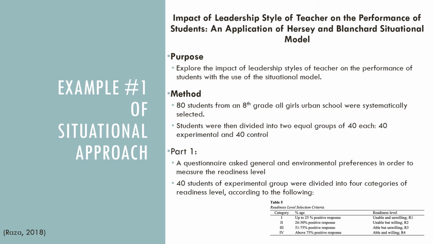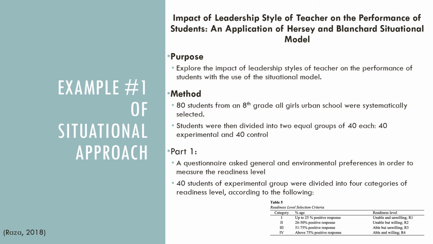From these results, there were four categories. If up to 25% of the answers were positive, they were categorized as unable and unwilling, which was R1. R2 was categorized as unable but willing, which was 26% to 50% positive responses.